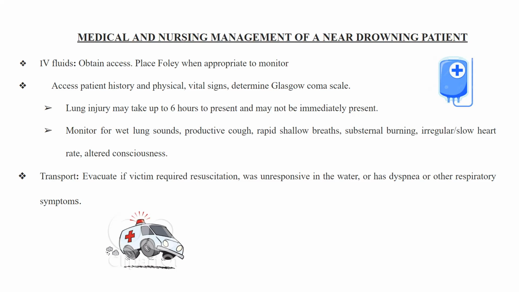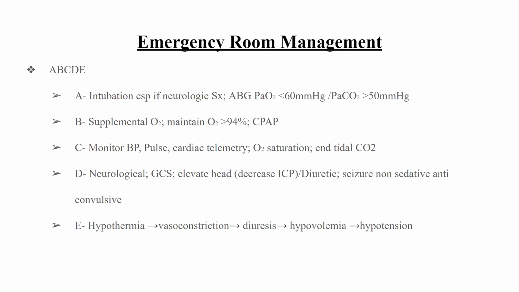When you're going to transport them, you want to evacuate the victim that requires resuscitation or who was unresponsive in the water or has dyspnea or other respiratory symptoms. So at the hospital, in the emergency room, you wanna use the ABCDE to help assess the patient.